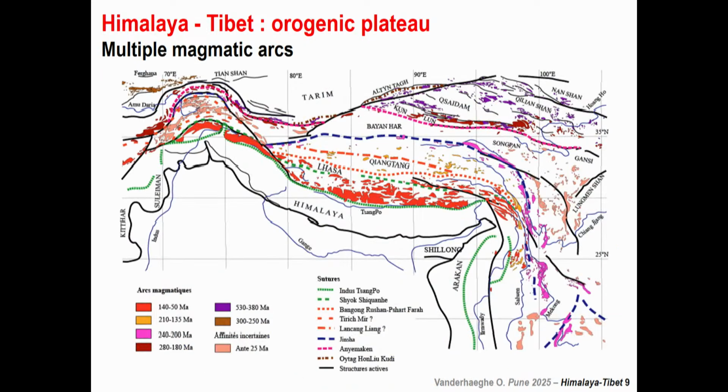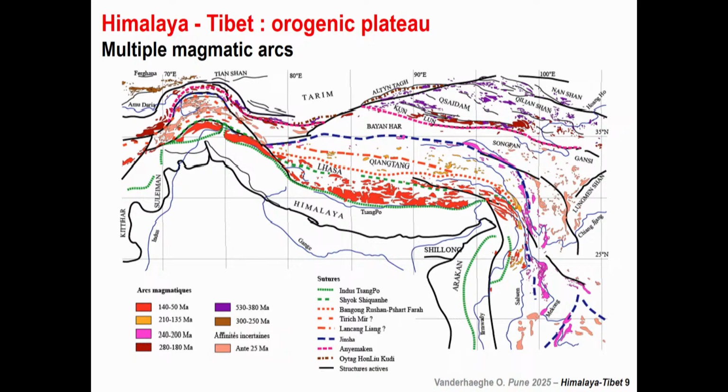I also want to illustrate here that there is a long history. After saying that there's a long history of tectonic accretion along that convergent plate boundary, there's also a long history of magmatism, and arc magmatism being related to subduction. It goes all the way to 530 million years, and there is a migration from north to south.